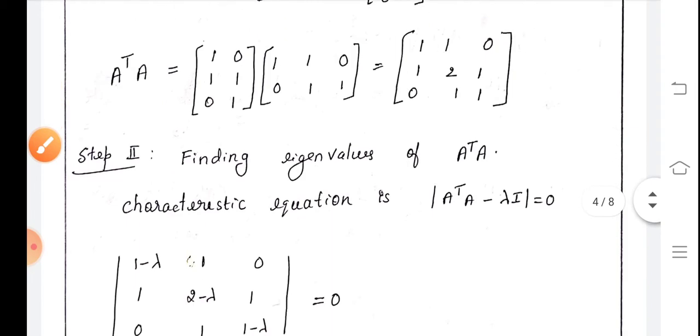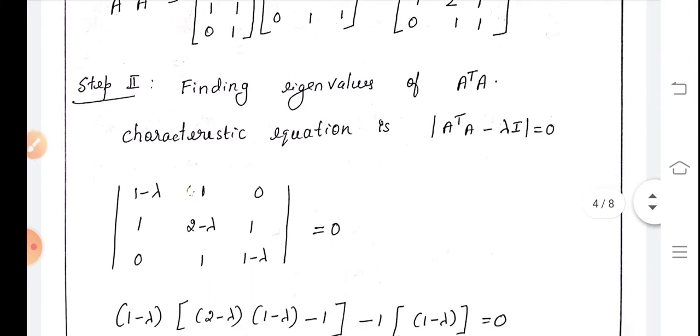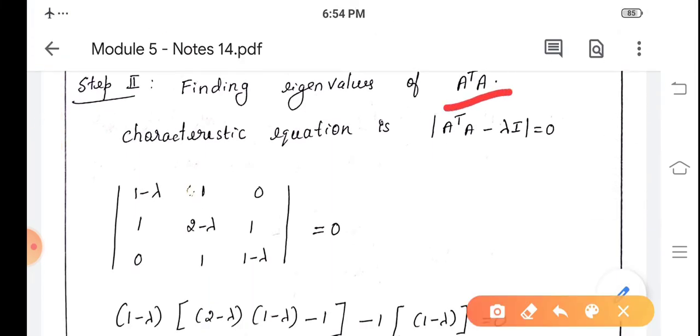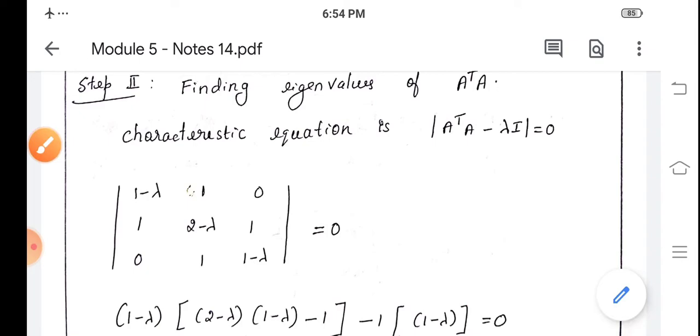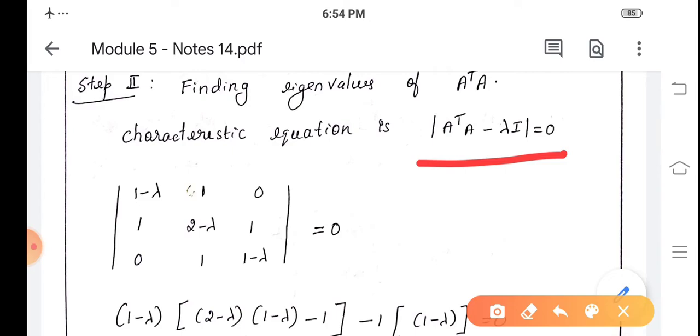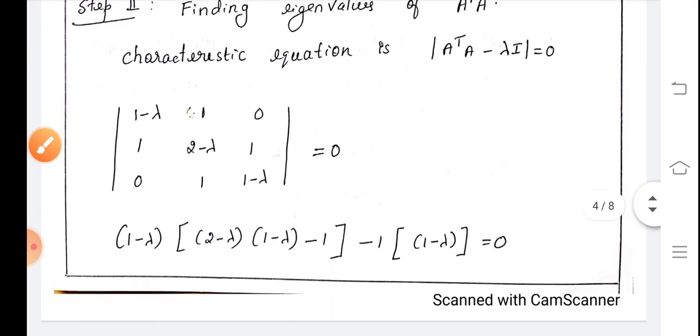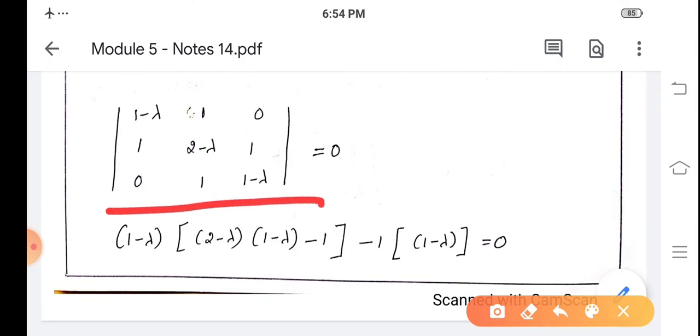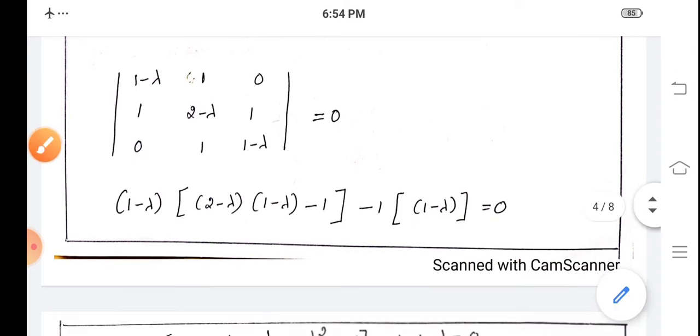In the next step we find the eigenvalues of A transpose A. To find the eigenvalues of A transpose A, we require the characteristic equation. The characteristic equation is determinant of A transpose A minus lambda I equal to 0. That is the determinant of [1 minus lambda, 1, 0; 1, 2 minus lambda, 1; 0, 1, 1 minus lambda] equal to 0.